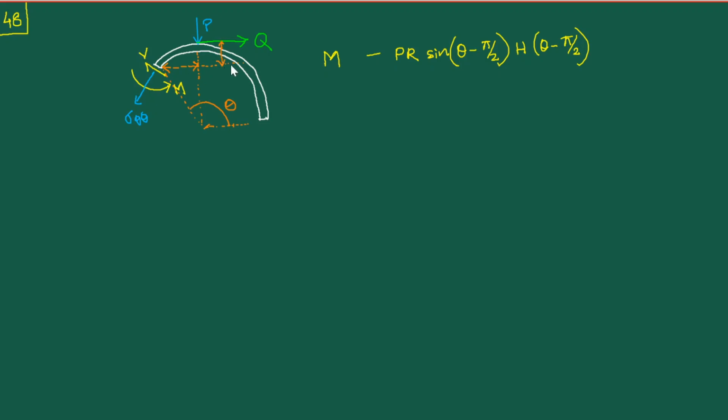So we write Q first, and then this is R. The entire distance is R, and this particular distance is going to be R cos theta minus pi by 2.